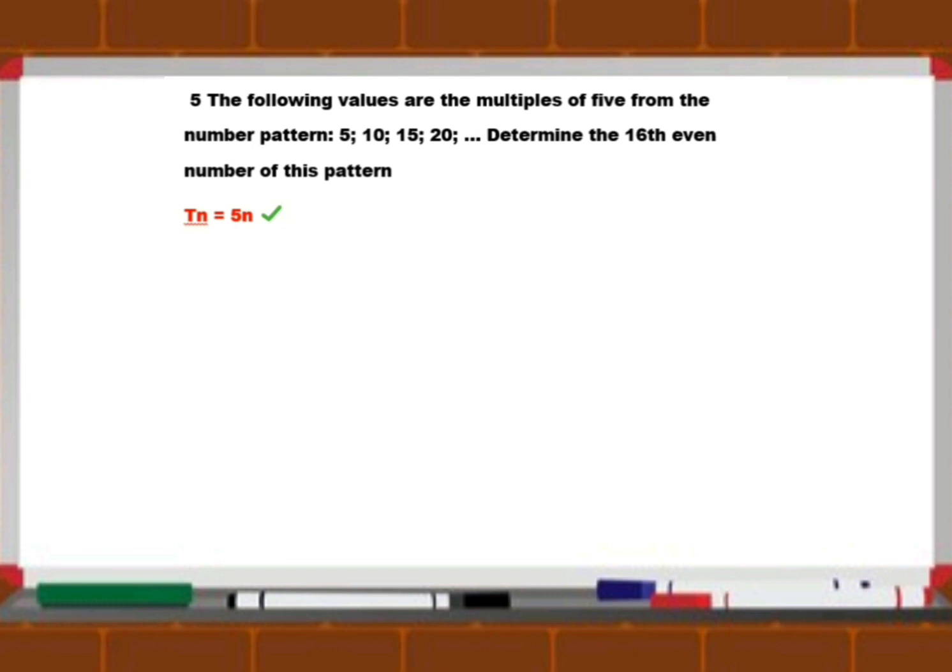Basically, what you have to do is you have to note, okay, the first term, right? When the position number is odd, the value is odd. And when the position number is even, the value, not the number, but the value, is even.